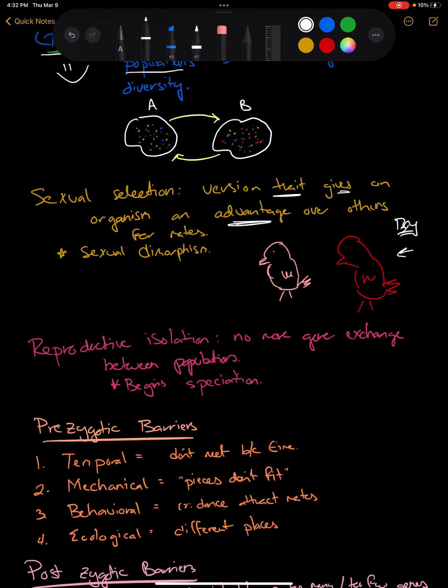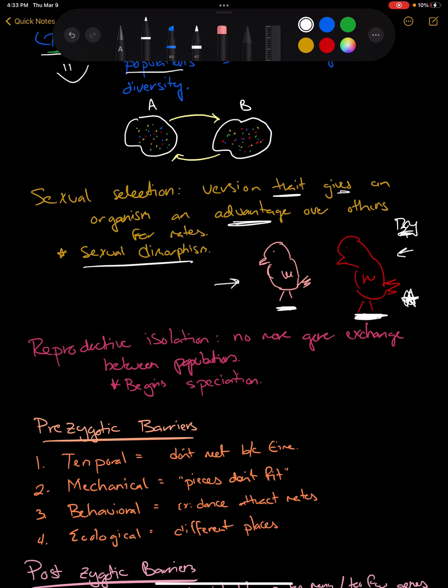And so if I'm a girl cardinal and I see this guy on the left and I see this guy on the right, I'm going to want to mate with the boy on the right because he is a brighter color. And if he's a brighter color, then he must be more fit than the duller bird, right? And so by me selecting the brighter color, that's sexual selection.